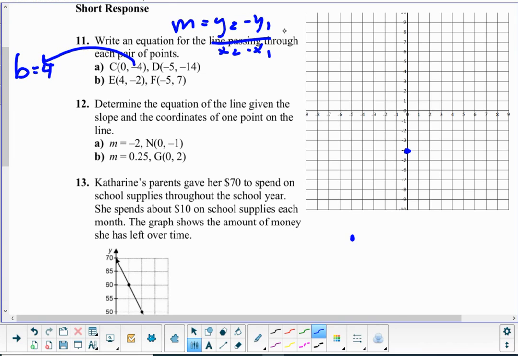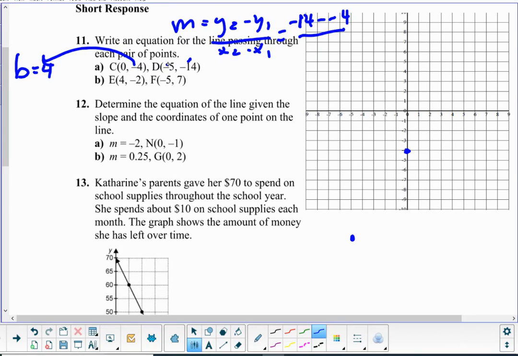So let's do that. If I have a y2, it's the second y, negative 14 minus negative 4. Let's try that again. So negative 14 minus negative 4, because it's a double negative.